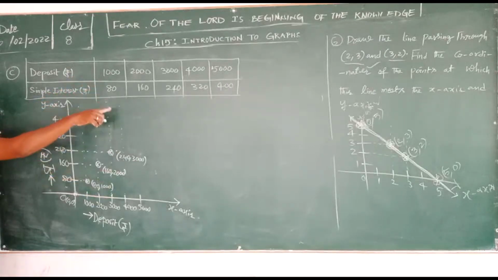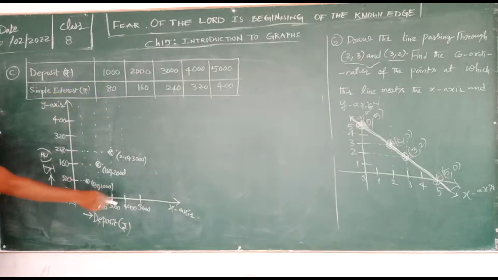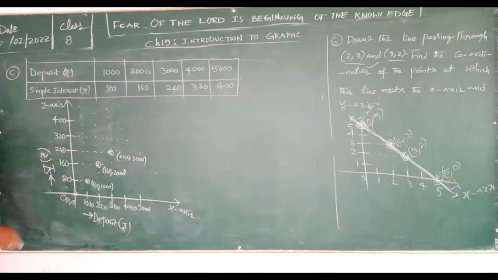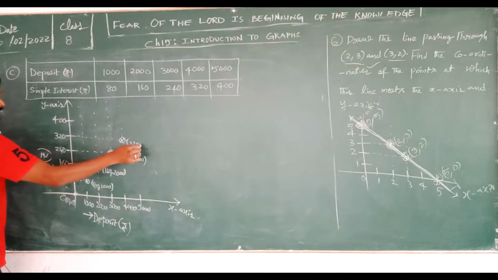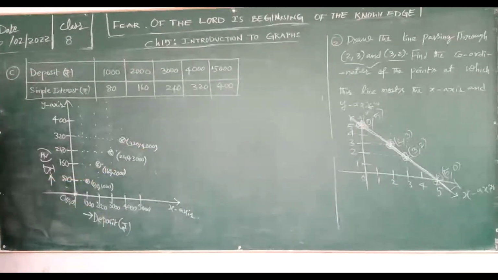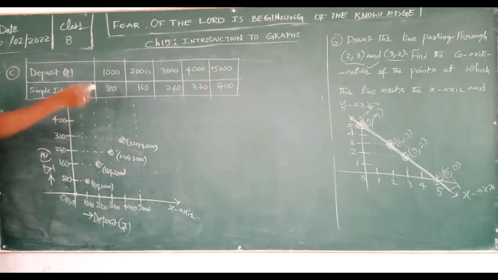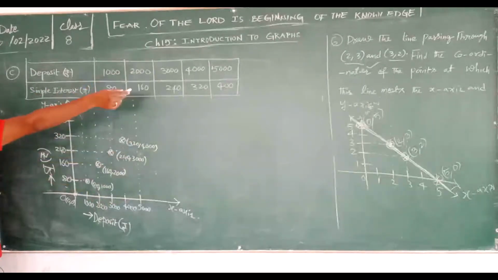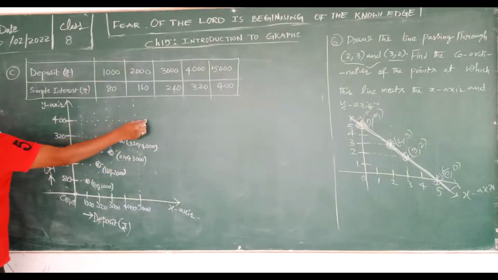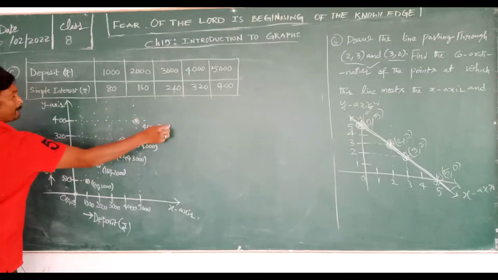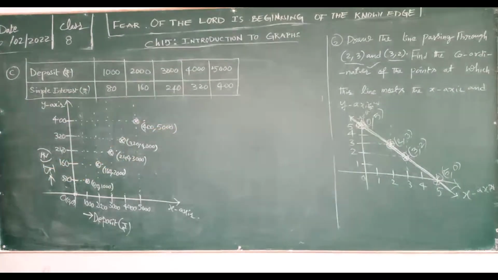Here you cannot find lines, which is the reason I was drawing dotted lines and showing you where the intersection point is. 4000 is this, 320; both lines intersect here, so you write (4000, 320). Next, 5000 and 400 intersect here, (5000, 400). So all the points are represented.